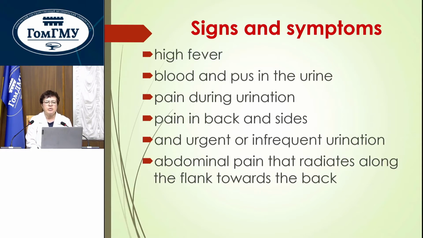Signs and symptoms of pyelonephritis: high fever, blood and pus in the urine, pain during urination, pain in the back and sides, and urgent or infrequent urination, abdominal pain that radiates along the flank towards the back.